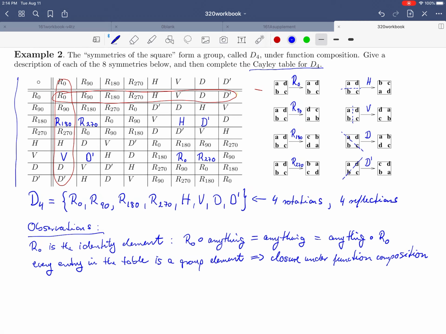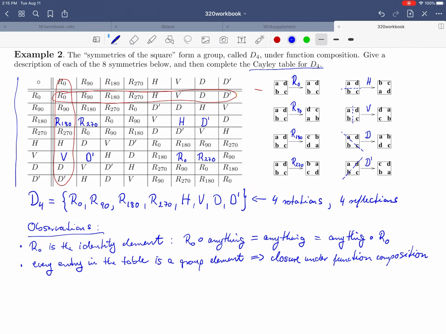If all of a sudden we were looking at this table and we'd see a rotation by 200 degrees, for example, then that is not a group element. So if we happen to see something like that, then our group would not be closed under the group operation. But in this case, we are only seeing things that are in our group, so that means we have closure.